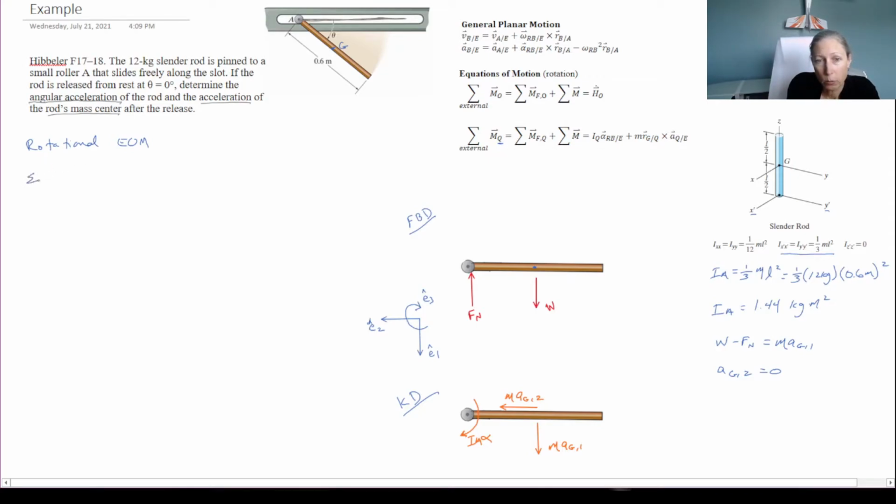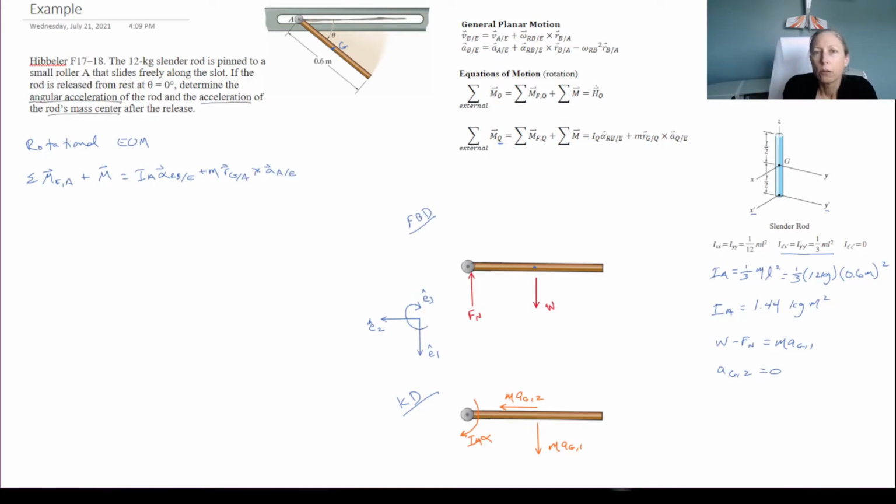So here's my sigma, the moments due to forces about point A, plus my pure moments, and that's going to be IA, the mass moment of inertia about point A, alpha of the rigid body as seen from E, plus the mass times the position of the mass center with respect to A cross the acceleration of A as seen from E.